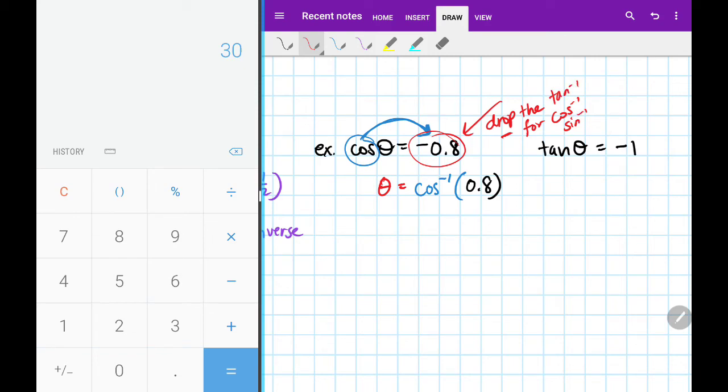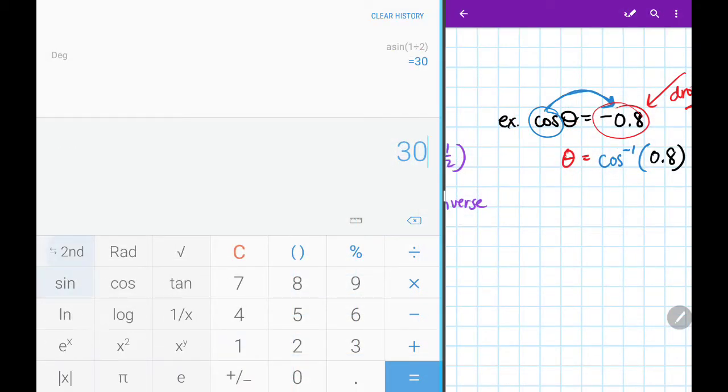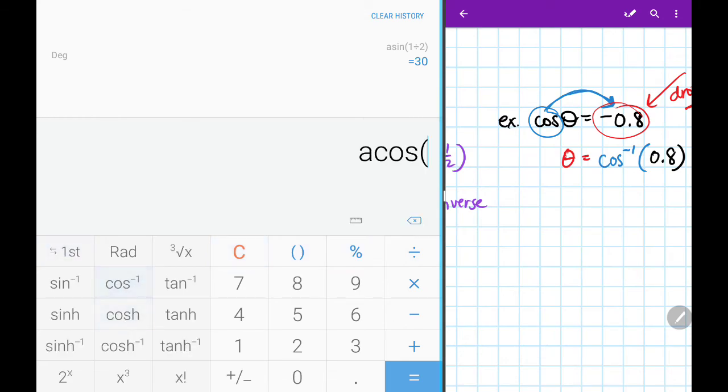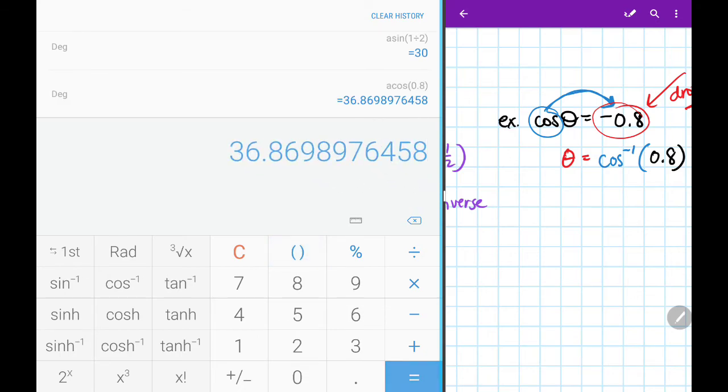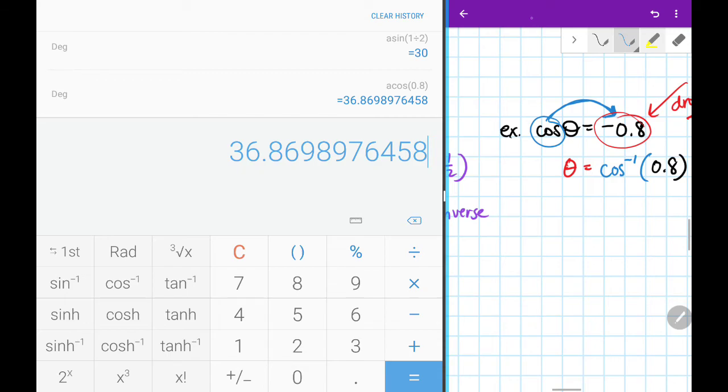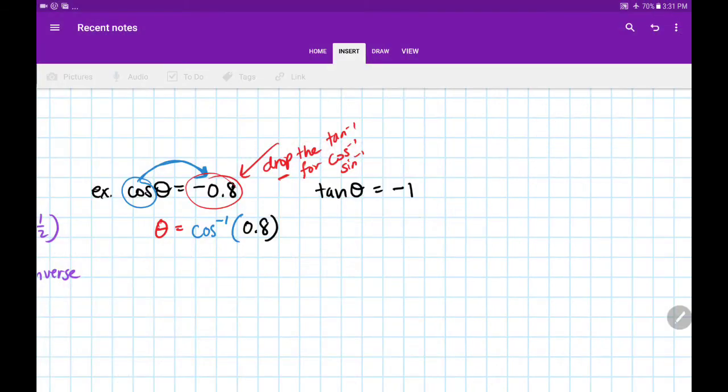So we're really just going to go to our calculator and type in cosine inverse of 0.8. Press second, cosine of 0.8, and the answer is 36.87 degrees. So theta equals 36.87 degrees.